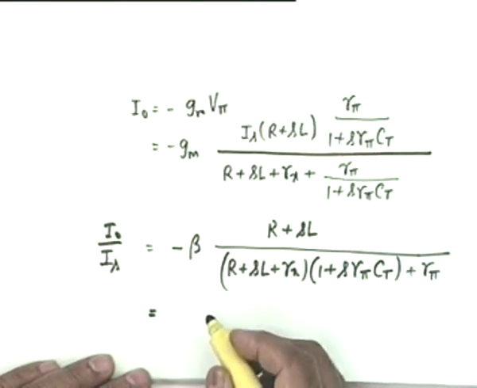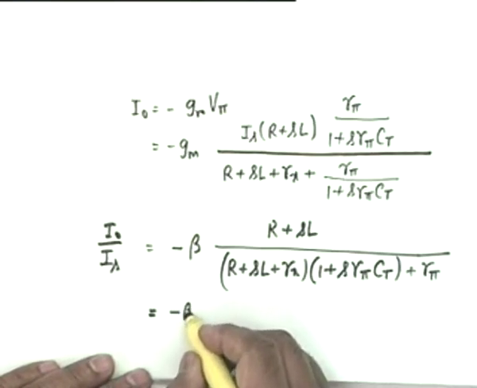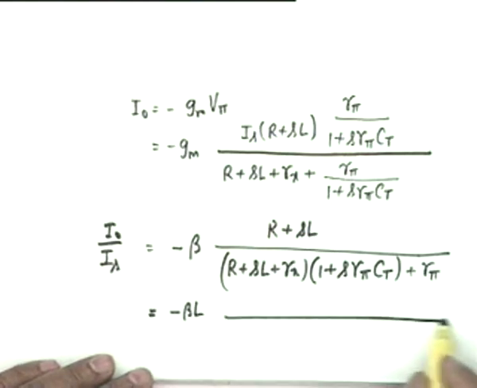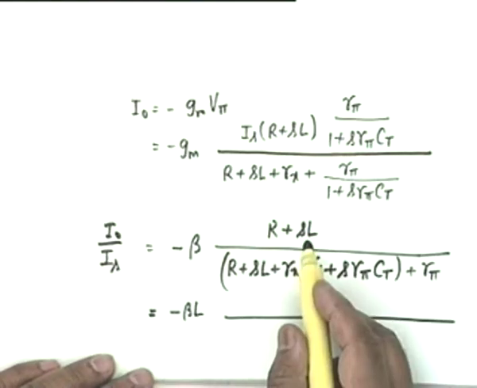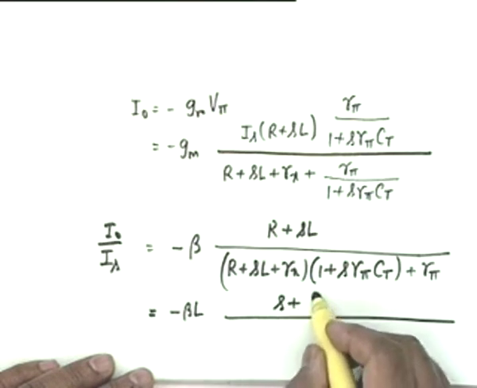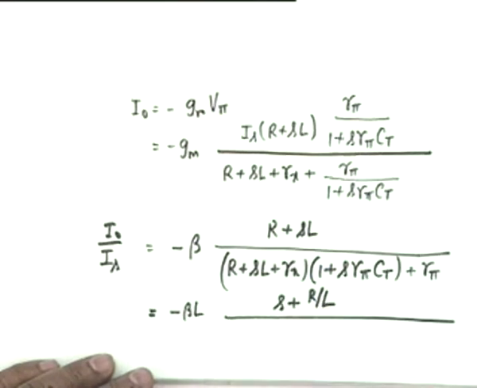I can write this as minus beta L, okay, I am taking L common, (S plus R by L), and in the denominator let's collect terms.